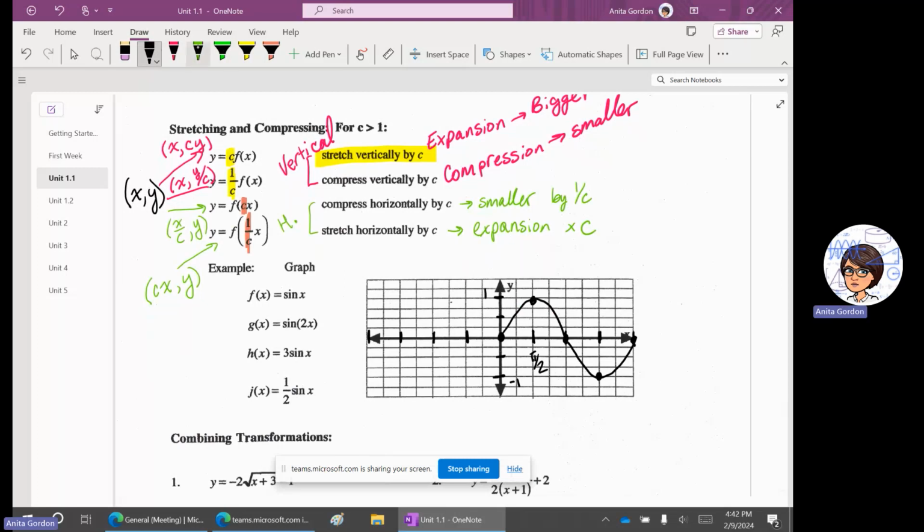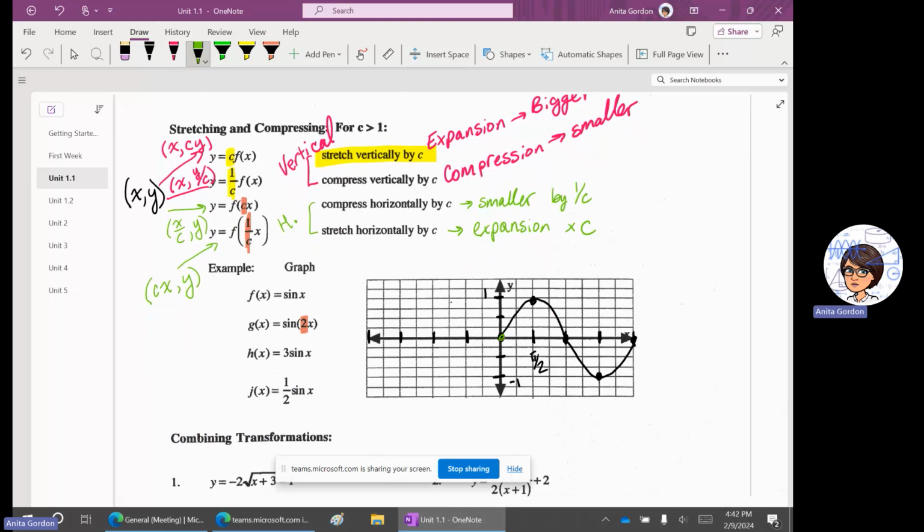Okay, if I put a 2 inside the bracket next to the x, that means I am halving the x. I'm squeezing it by 1/2. So my compression here getting smaller by c.